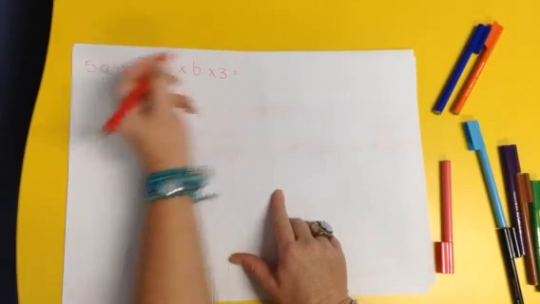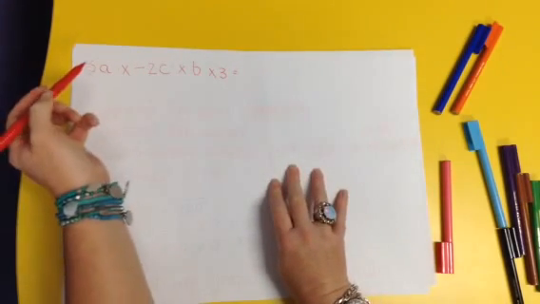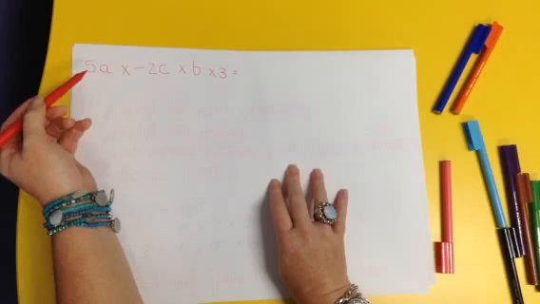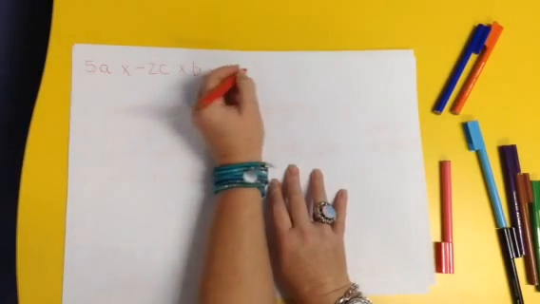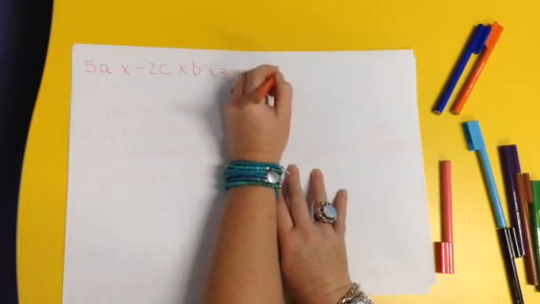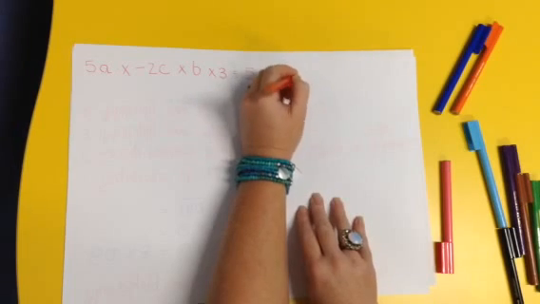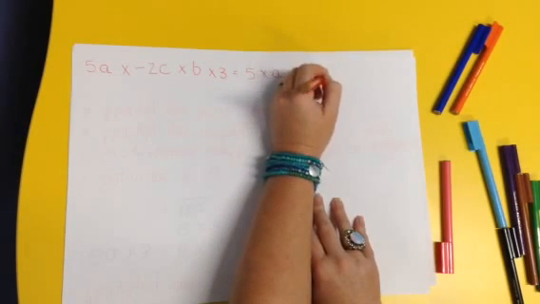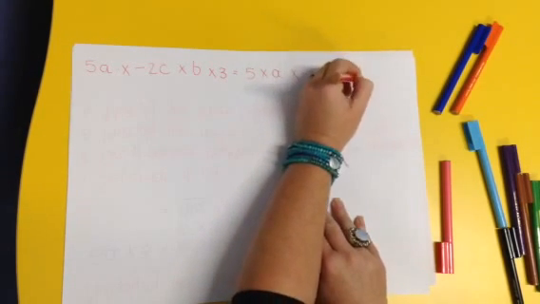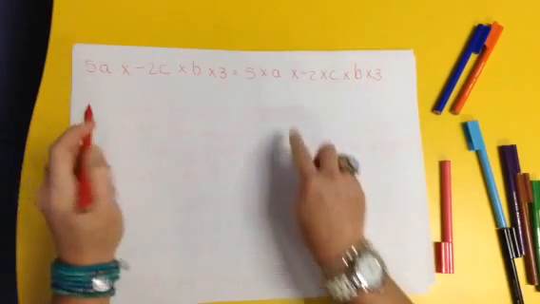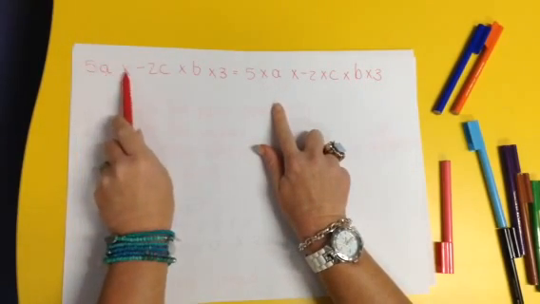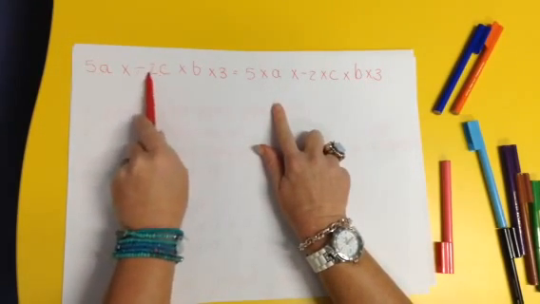Okay, so you're going to first of all take all your numbers, you're going to separate it all. So let's go, first of all, 5 times a times negative 2 times c times b times 3. Okay, can you see that? Remember we bring the negative with us.